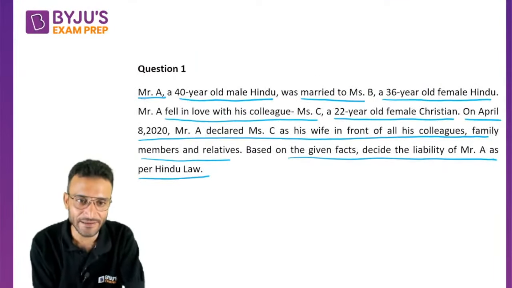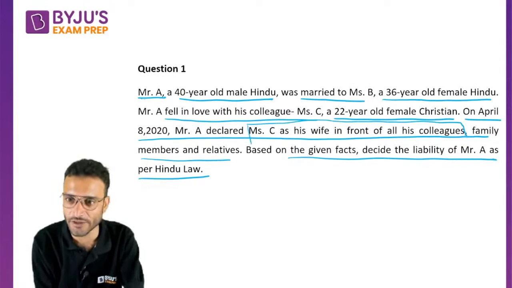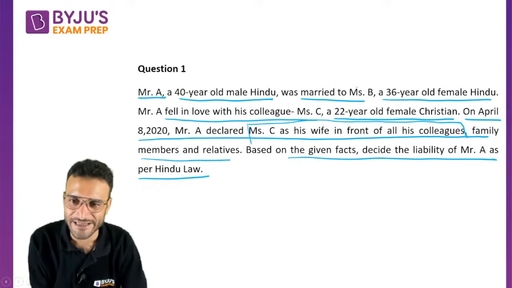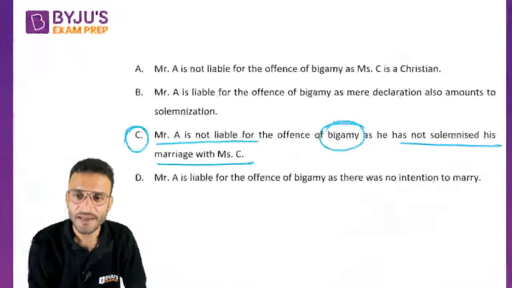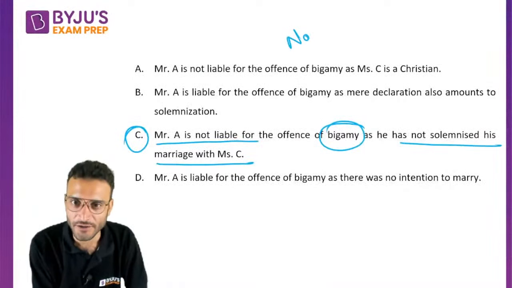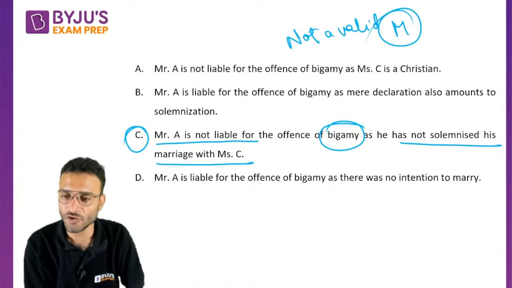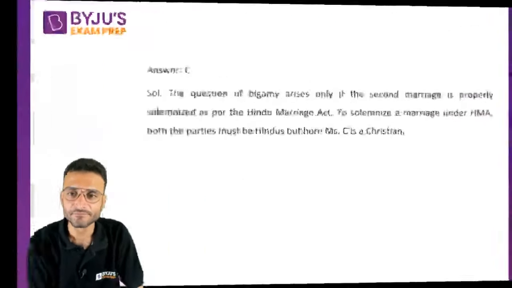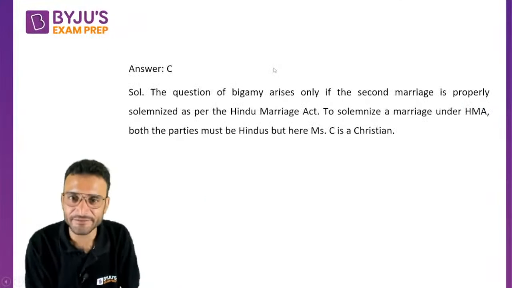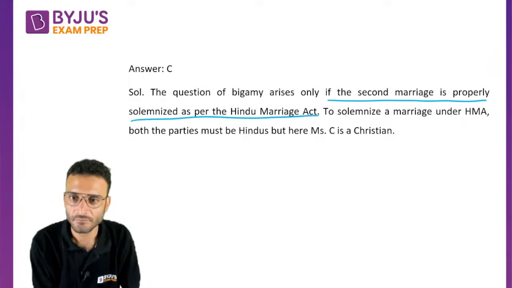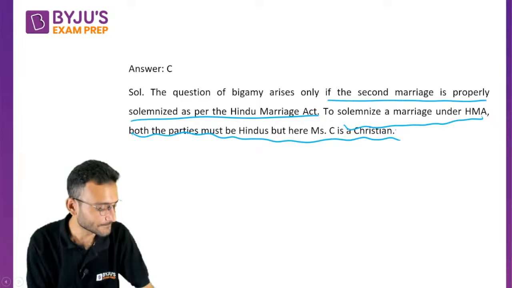He has declared simply that Miss C is his wife in front of his colleagues. Now, does it mean it is a valid marriage? It is not a valid marriage. He has only declared it. Am I clear? Is that clear, everyone?